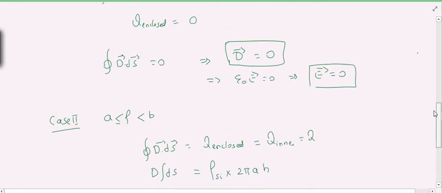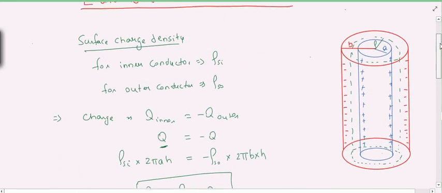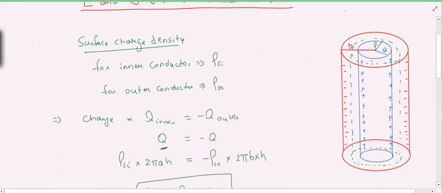If you consider this conductor as a line charge, because there is no charge inside this surface, I can consider this conductor as a line charge having line charge density of, what is the value of rho here, if you see.